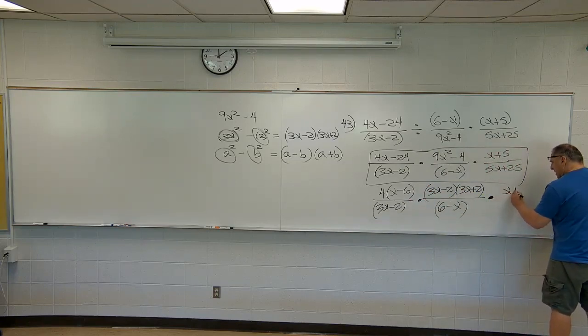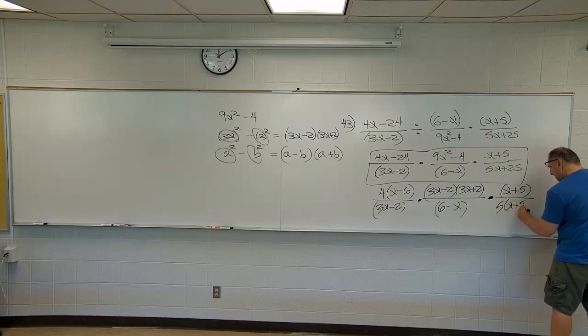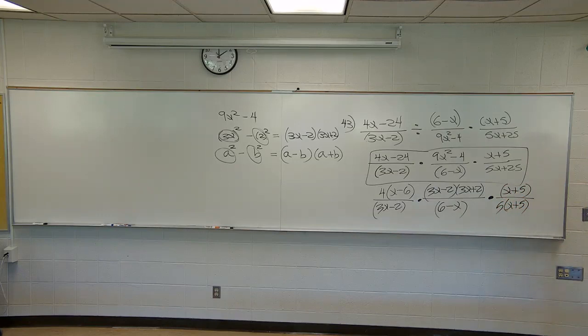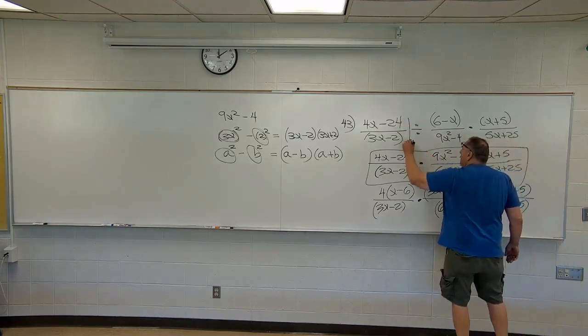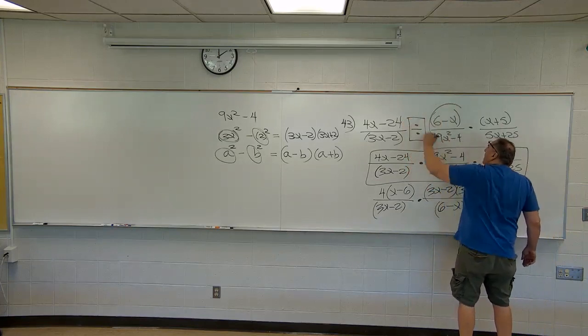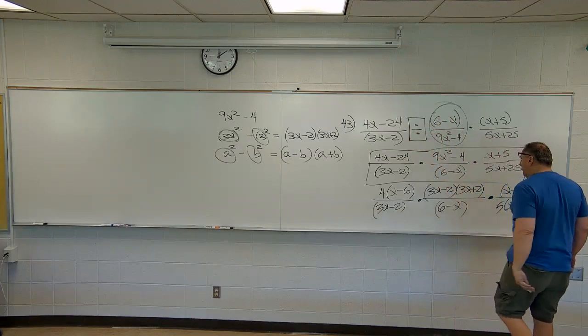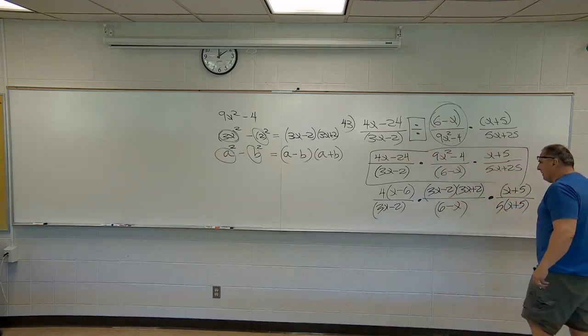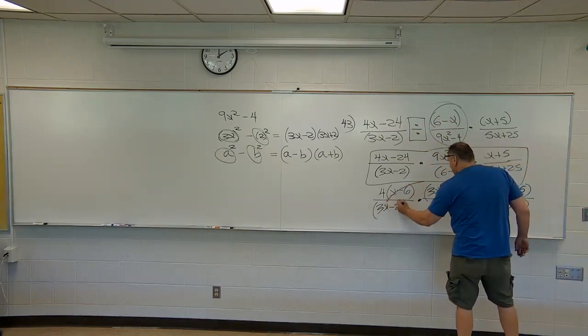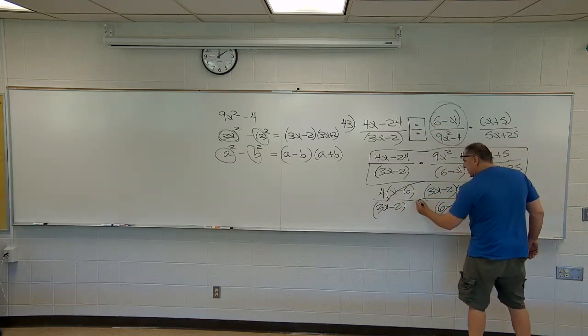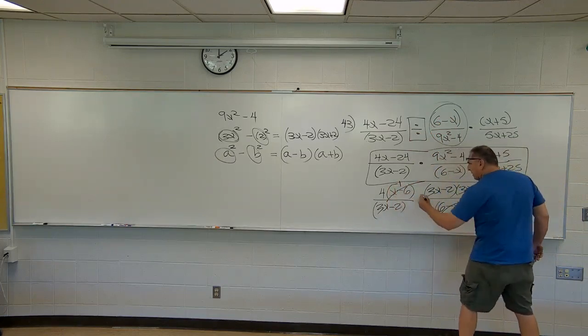Times x plus 5. Take this guy. All right, there's a lot there. We did convert the division into multiplication by flipping. We got to here. These guys cancel, and you got negative 1 right here.